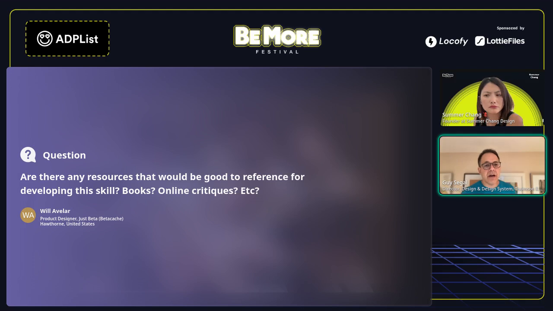Will is asking, are there any resources that would be good to reference for developing this skill? Books, online critiques, etc. I think there was a good book. I don't remember its name. It's been a really long time since I read it. It was about presenting designs or critiquing, something like that.